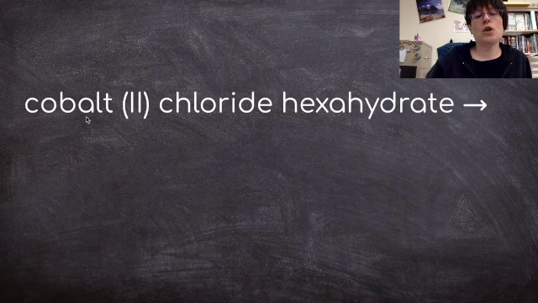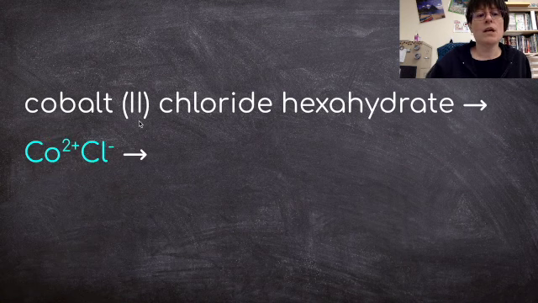Then we have cobalt(II) chloride hexahydrate, and I want you to write the formula. So we focus first on the first part, cobalt(II) chloride. We know the oxidation number is 2 for the cobalt. And we know that chloride is a halogen, and group 17 is always -1.